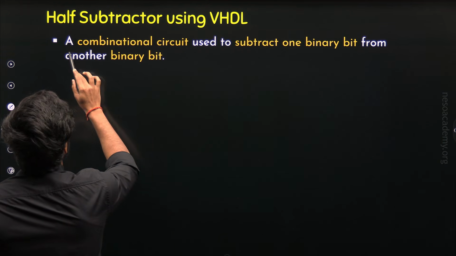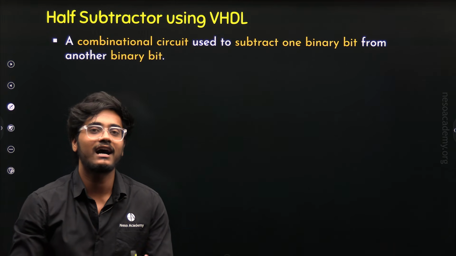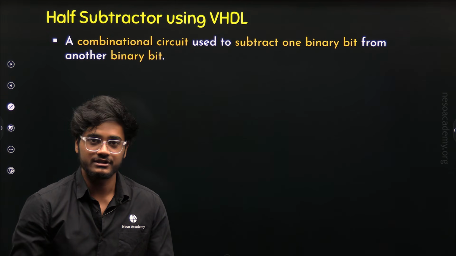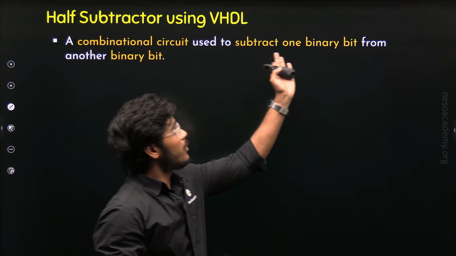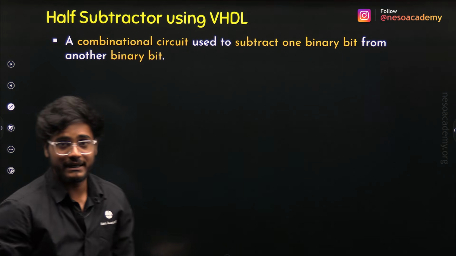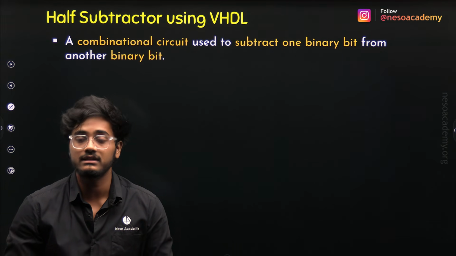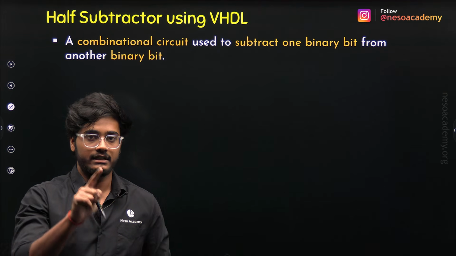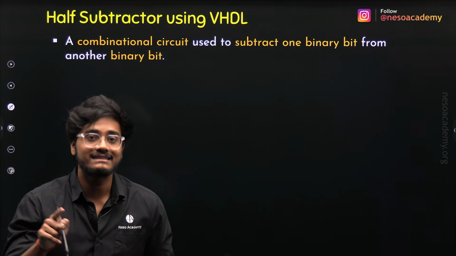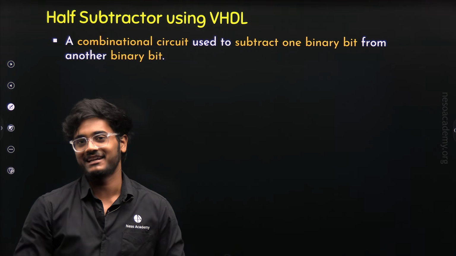So, half subtractor is a combinational circuit just like the half adder, which is used to subtract one binary bit from another binary bit. Now, half subtractor is a combinational circuit, which means its outputs, difference and borrow, entirely depend on the two numbers that we are subtracting.